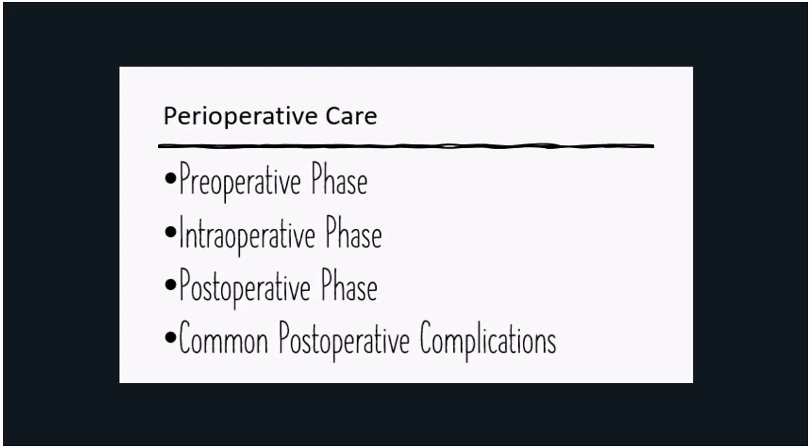We will identify the patient by using the armband, and all members that are involved in the surgery will also make sure that they understand that this is the correct patient. And okay, what is this patient going to have done? That is a big safety feature for the patient, and so as the nurse you will advocate for this patient and make sure that the timeout is done properly.